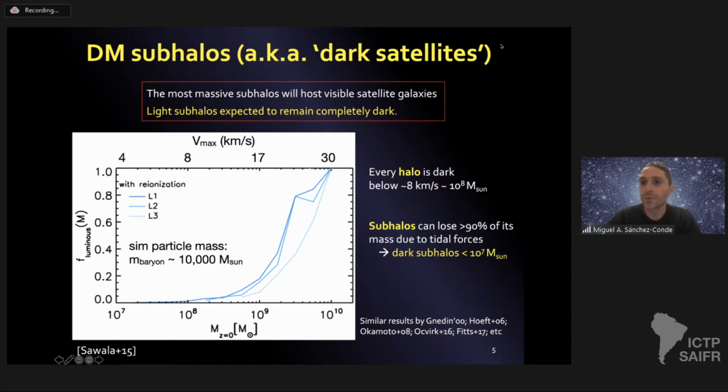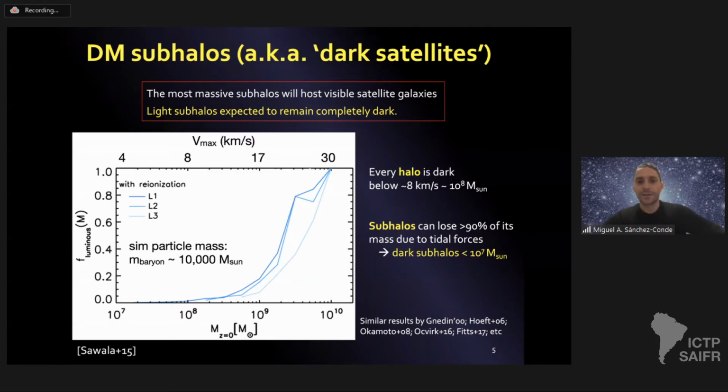Therefore, from 10 to the 8, we can go more or less down to 10 to the 7 solar masses. So, in summary, any subhalo below 10 to the 7 solar masses is expected to be dark, and that's what I will assume for the rest of the talk.